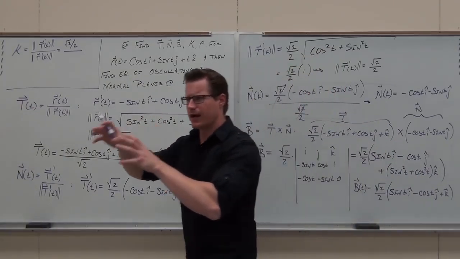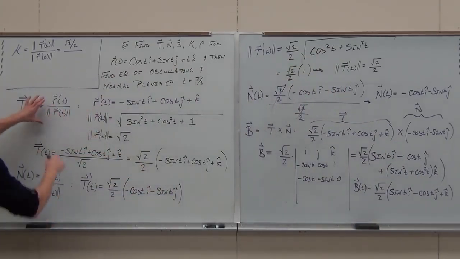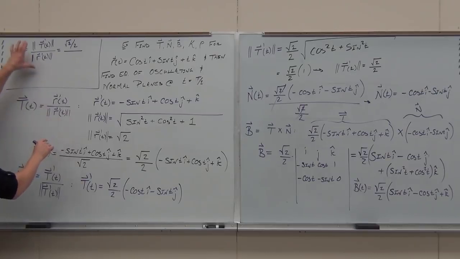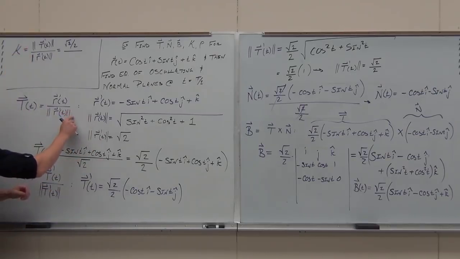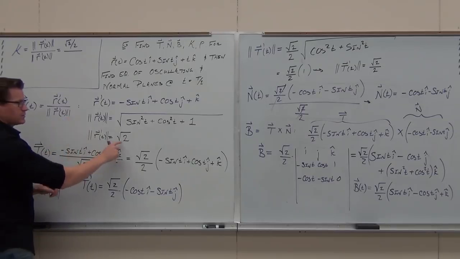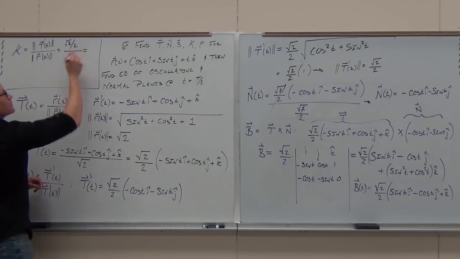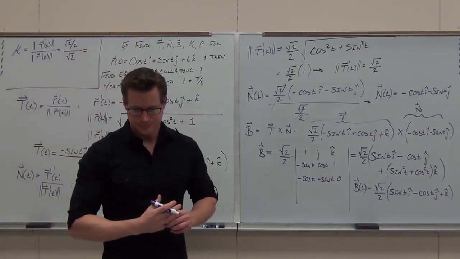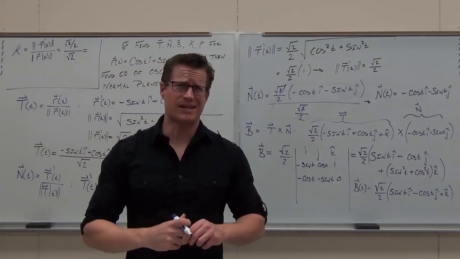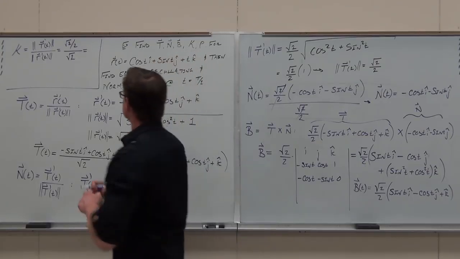So right when we're finding our unit tangent, right here, it's just this denominator. So the curvature is this denominator divided by that denominator. In this case, it's square root 2 over... how much is that? 1/2.